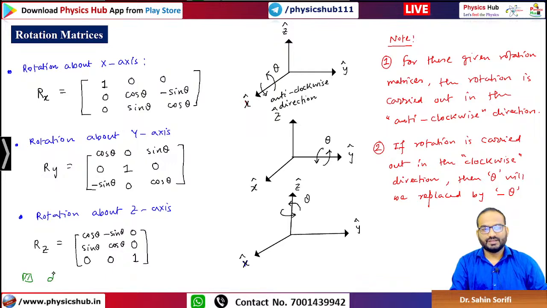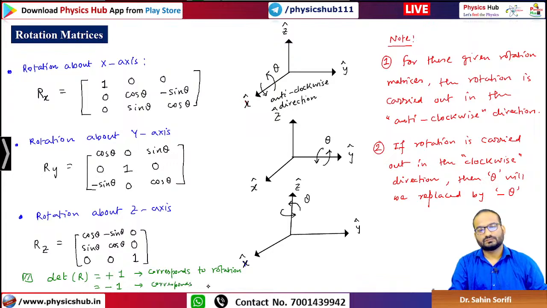So if you get the determinant of some matrix, let us say R, if it is plus 1, then it is corresponding to rotation, okay, and if it is equal to minus 1, then it corresponds to reflection.